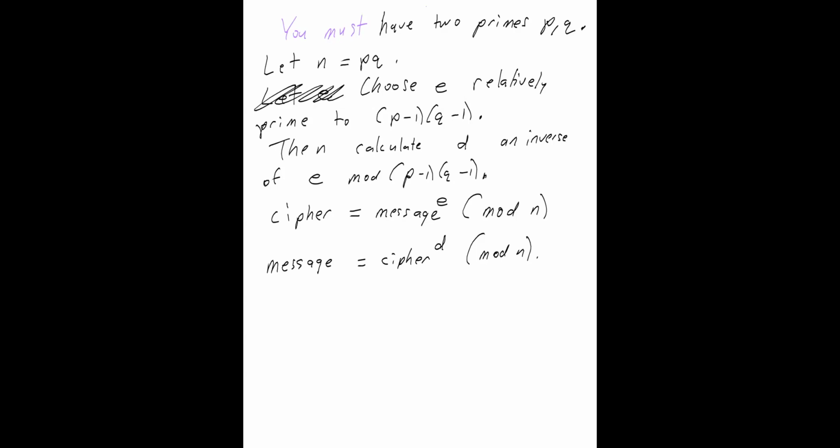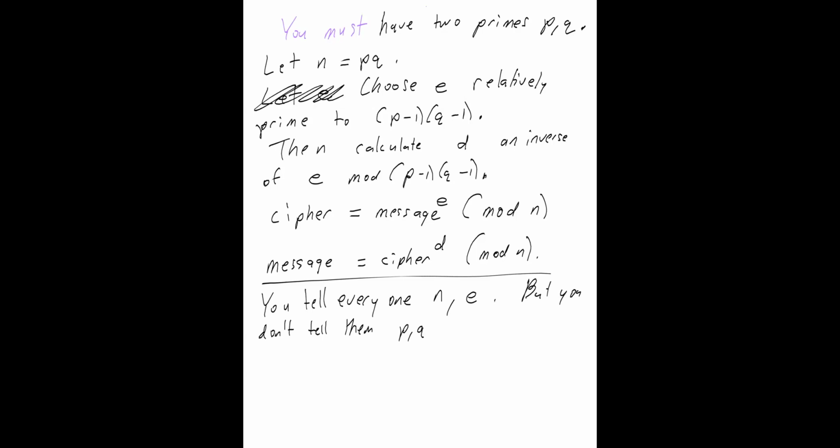Since mathematically there's nothing at all that's encrypted about this, really mathematically. So why do they call this encryption? Because here's why. You tell everyone, this is called public information, the value of n and the value of E. But you don't tell them what P is or Q is, or what P minus 1 or Q minus 1, sorry, or what P minus 1 times Q minus 1 is.